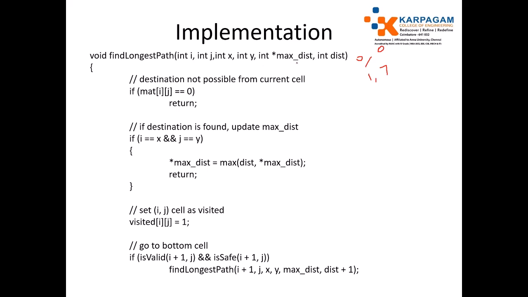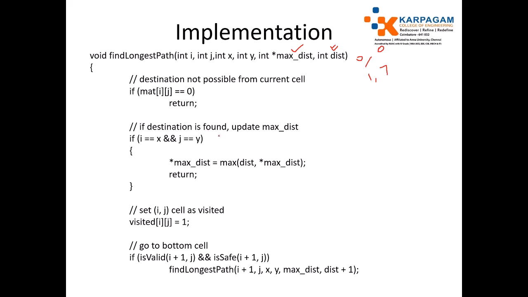Every time we are checking the longest path, we use a max distance variable, which is a pointer variable, and current distance, which records how long we have traveled up to now in the distance variable. If matrix of i, j equals 0, immediately just return, because there is a hurdle and a destination is not possible.